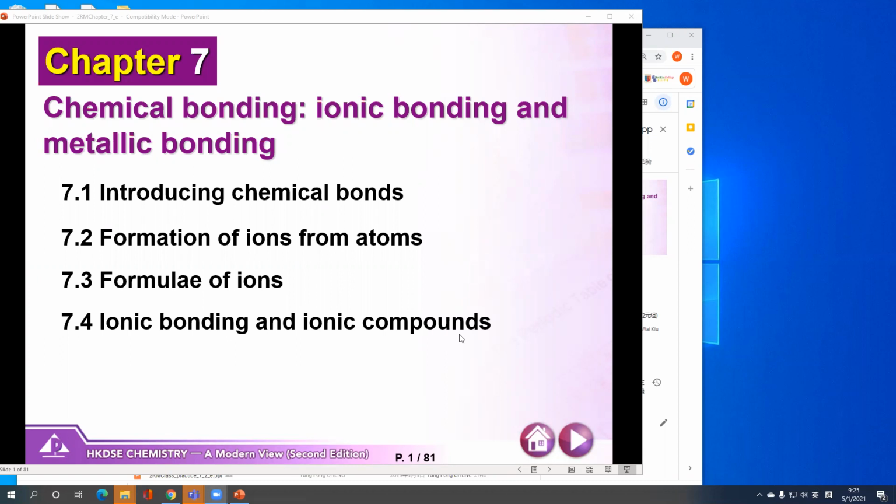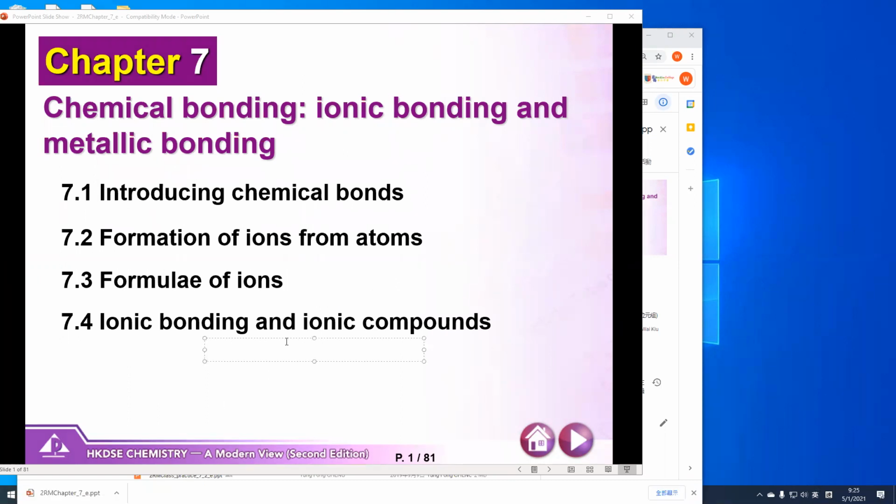Okay, Lauren, we are just going into chapter 7 now. So you learn about different elements. Just now, Paco mentioned, just randomly, for example, hydrogen, helium, lithium, and beryllium.